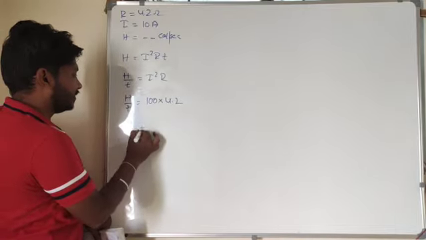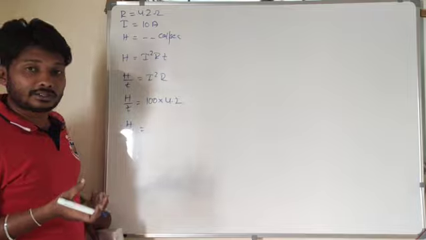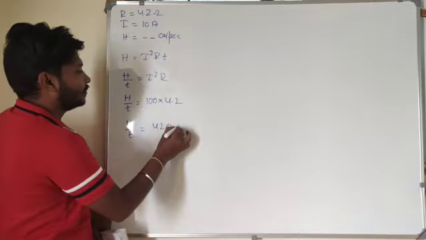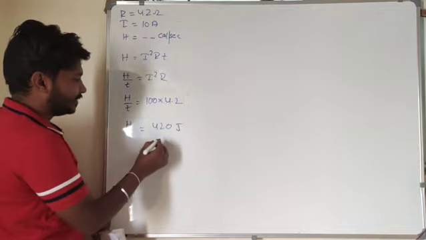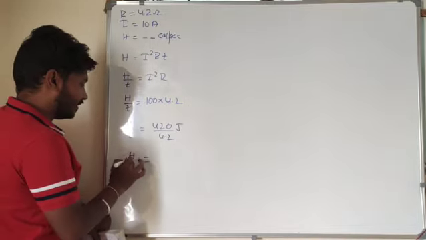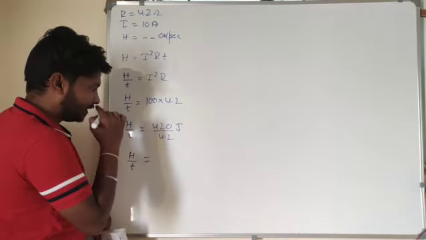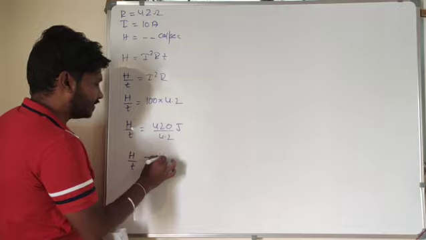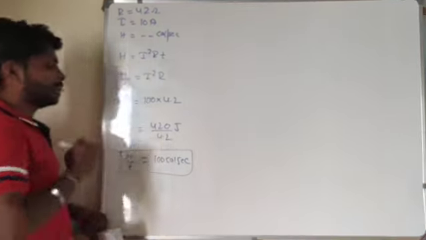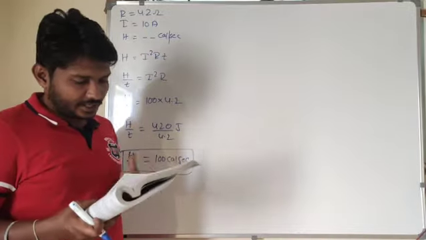So H by T is 4.2 into 100, that is 420 joules. In terms of calories, I divide by 4.2. So heat per time is 420 divided by 4.2, that is 100 calories per second. That is the answer.